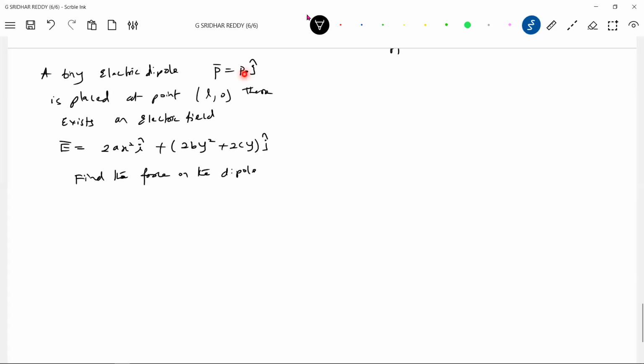Okay, he has brought it. Look at the dipole moment. Its magnitude is P naught and it is aligned along the y-axis. In that region, the electric field vector is 2a x square i cap plus 2b y square plus 2cy. It is asking you to calculate the force on the dipole.